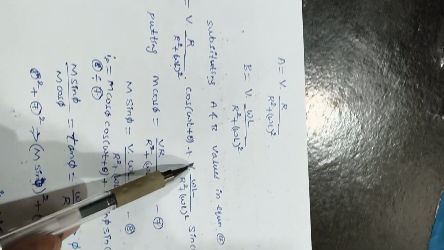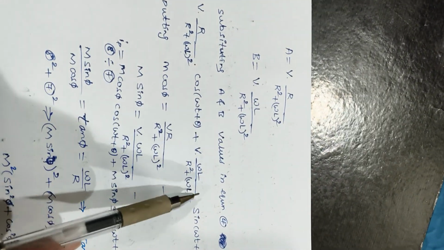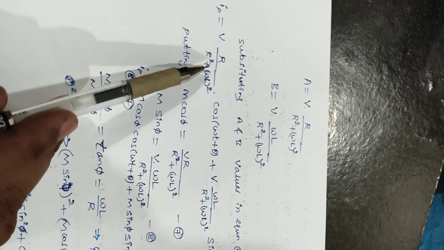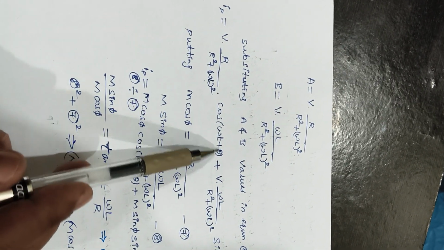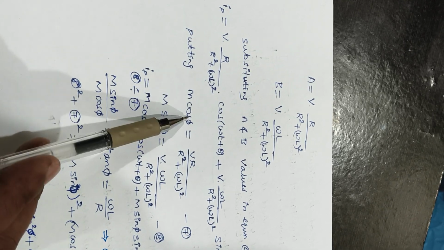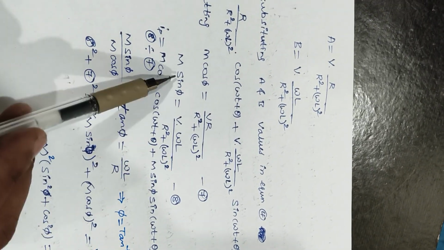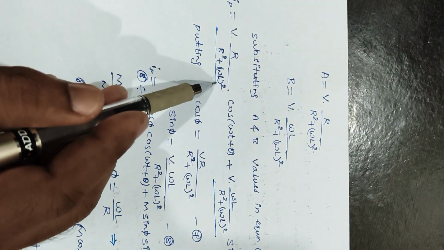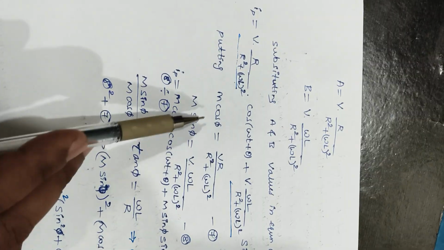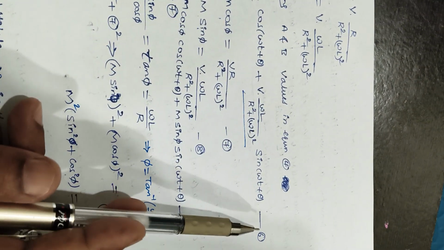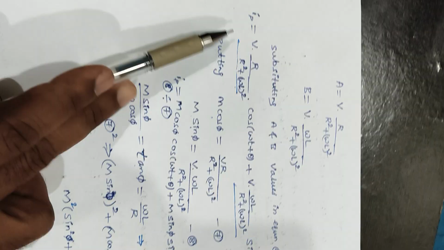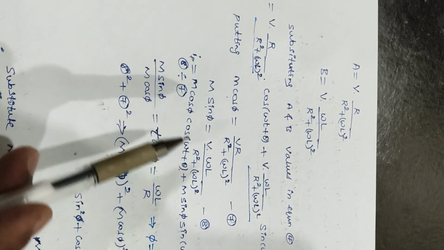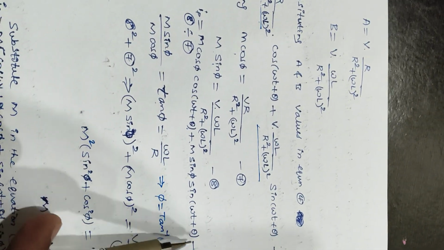For further simplification, I am assuming the coefficient of cos(ωt + θ) as m cos φ and the coefficient of sin(ωt + θ) as m sin φ. By substituting m cos φ and m sin φ in the sixth equation, I'll get i_p is equal to m cos φ into cos(ωt + θ) plus m sin φ into sin(ωt + θ).